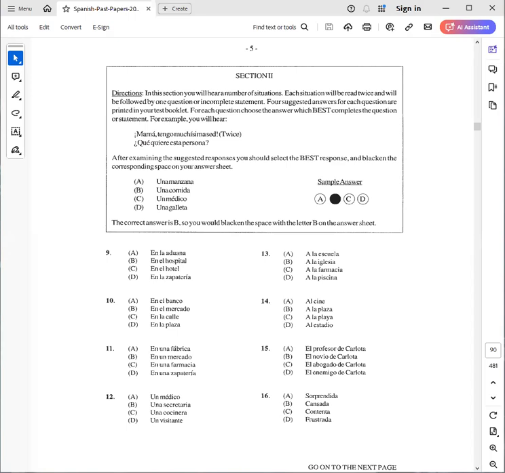Number 12. El jefe no está aquí hoy. Está de vacaciones. El jefe no está aquí hoy. Está de vacaciones. ¿Quién habla? Number 13. Raúl, tienes que salir ahora.